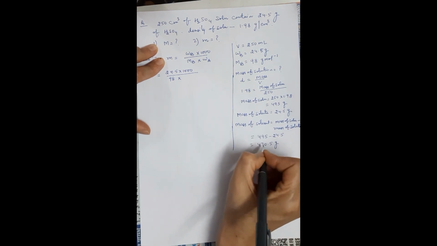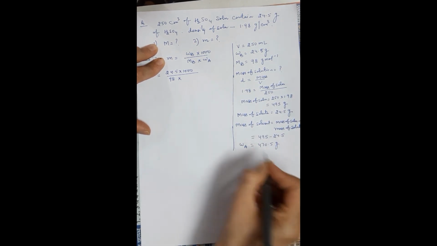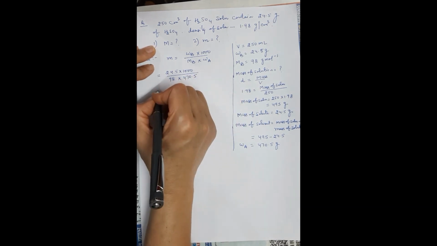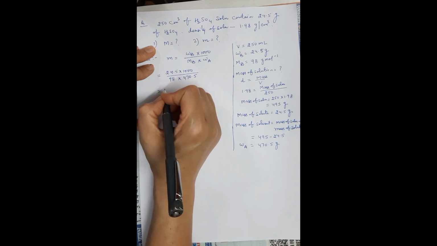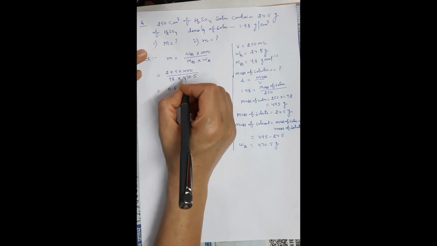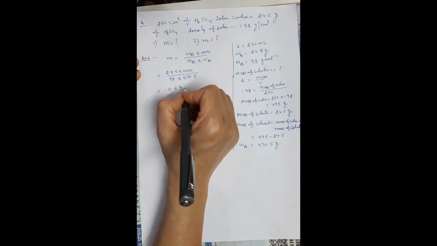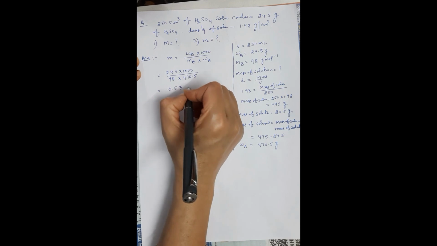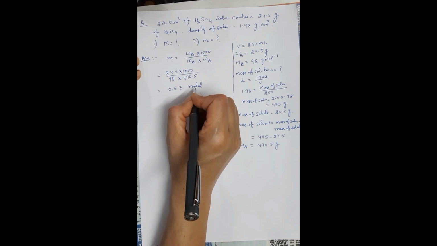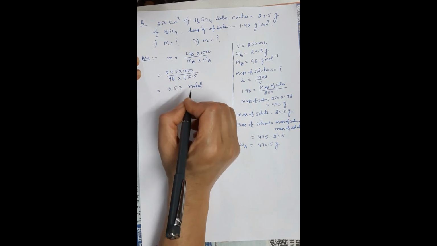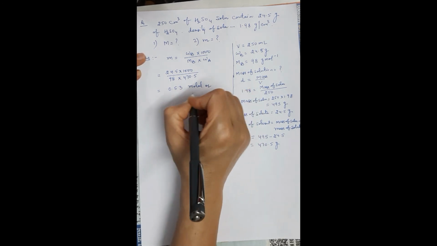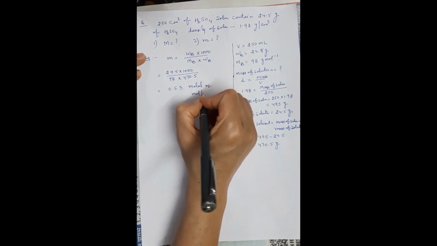Now you know the mass of solvent, which is WA. Put the value here. It is 470.5, and you can solve it. It comes out to be 0.53. What is the unit? Moles per kg. It can also be written as molal. 0.53 molal. So unit of molality is molal, or it can also be written as mole per kg.